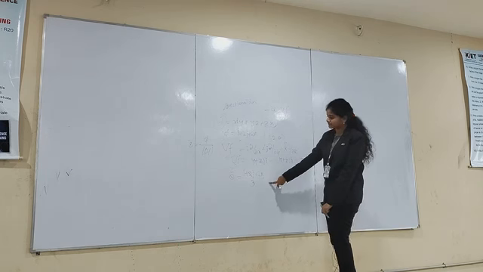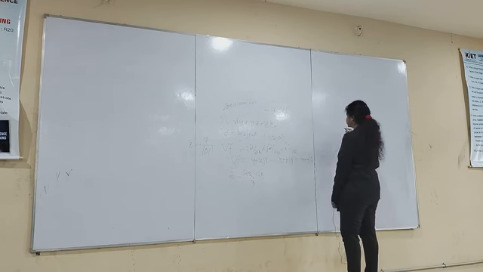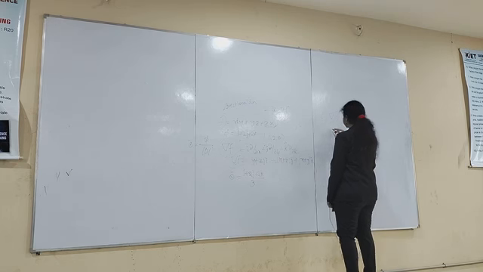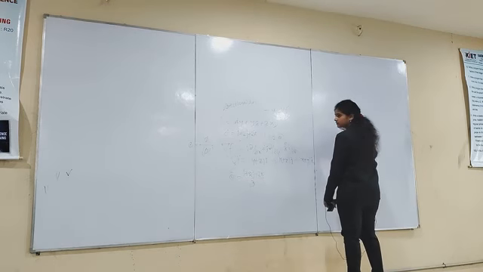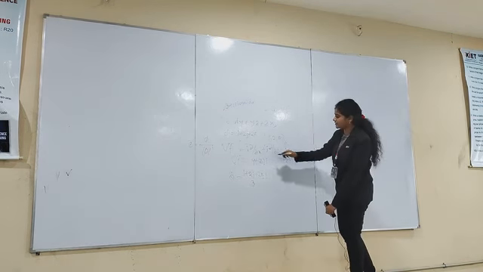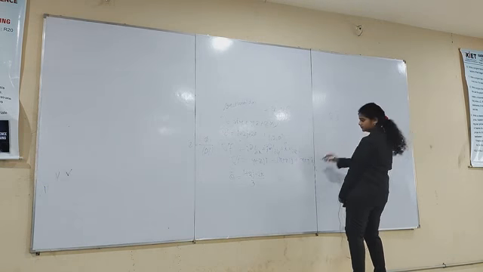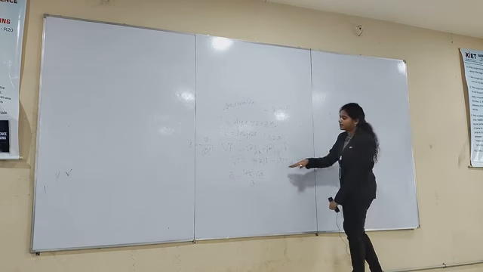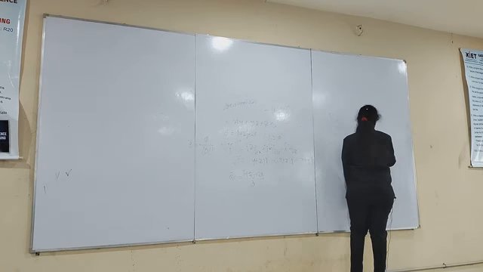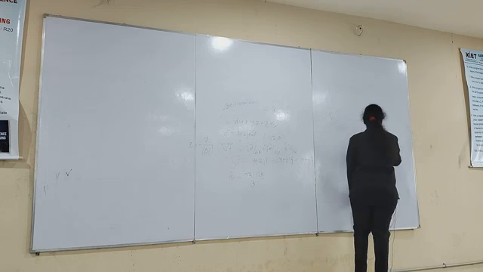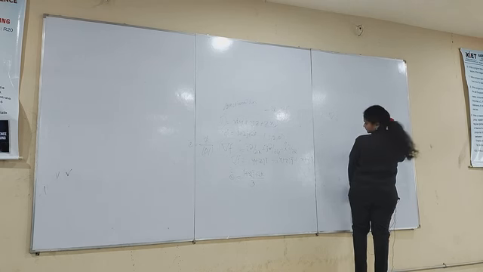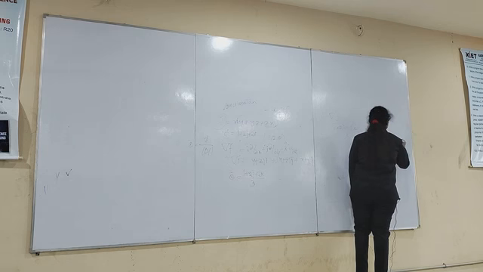Here e is i plus 2j plus 2k over 3, and del f is (y plus z) i plus (x plus z) j bar plus (x plus y) k bar.